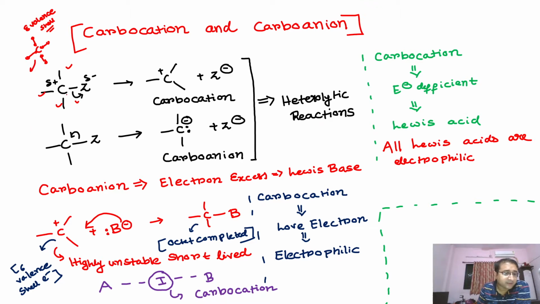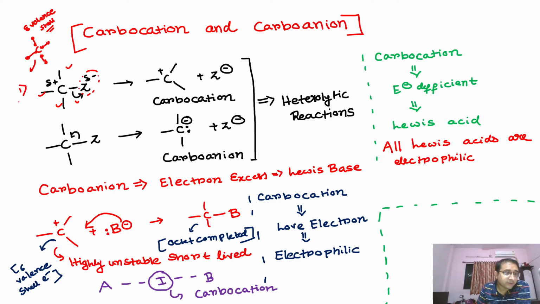Now what happens sometimes is that this carbon is bonded with another atom that is called Z. Suppose in some reaction this carbon Z bond can be broken, and it can be broken in 2 ways.